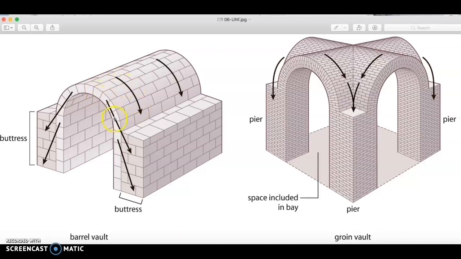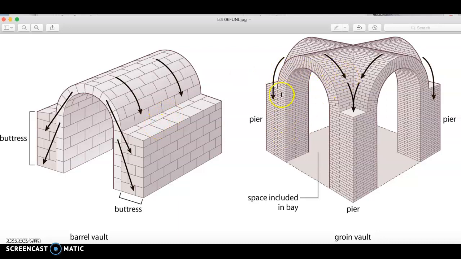The weight presses down, but it also presses outward because of what's called thrust. The push of all that weight tends to go outward like this. And from an engineering standpoint, that means you have to buttress it. You have to reinforce to push against that. And it's going to limit how high you can build.